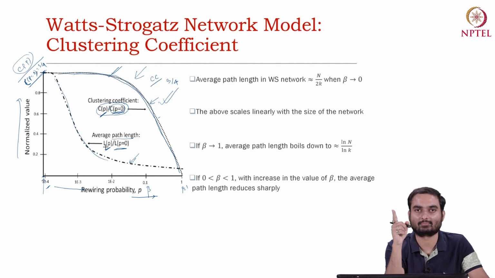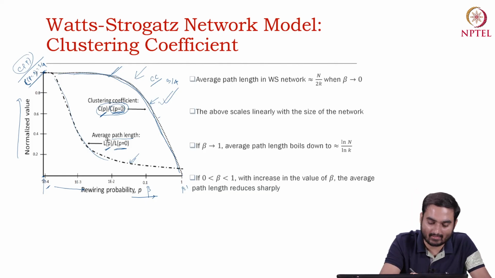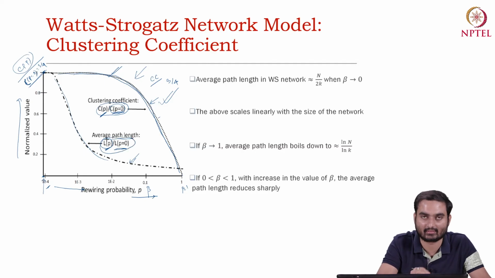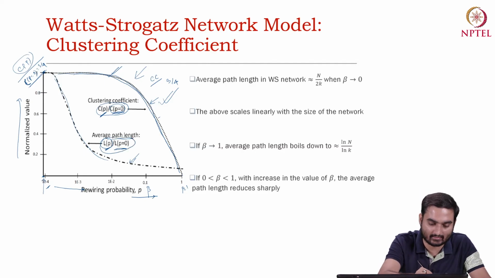So as you increase p, you are letting the node connect with other nodes which are far from the given node, right? So obviously the average path length will also decrease. Think why. Therefore this ratio will also decrease. So you see a decreasing curve like this.